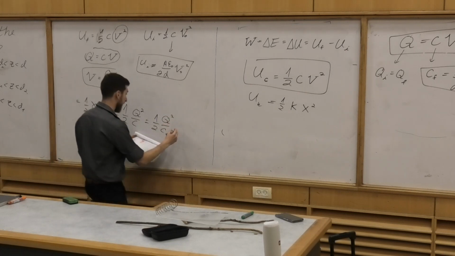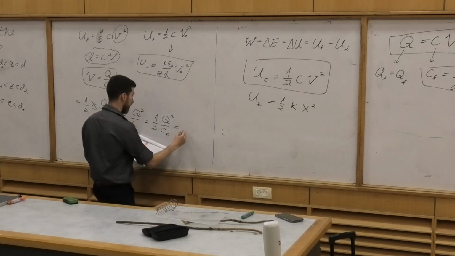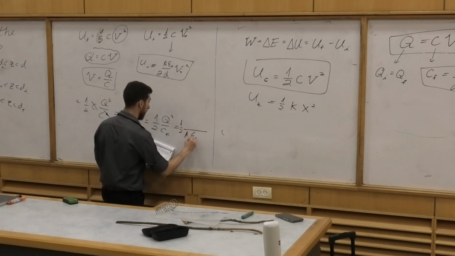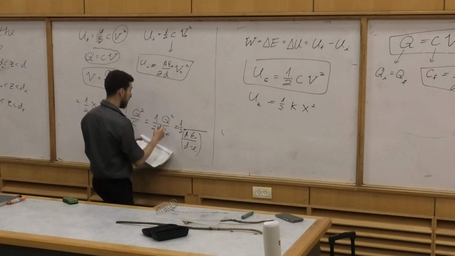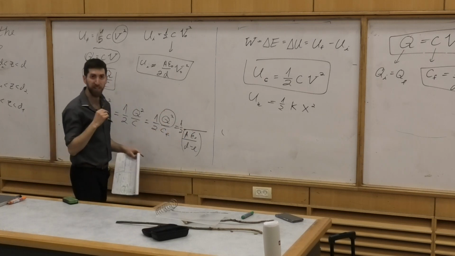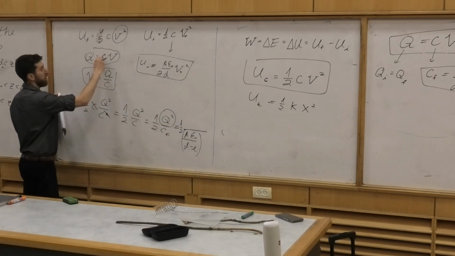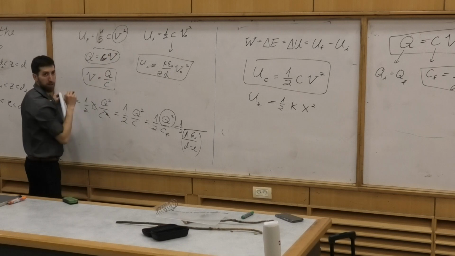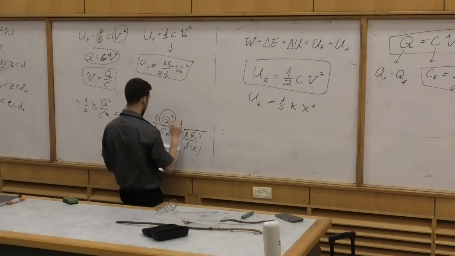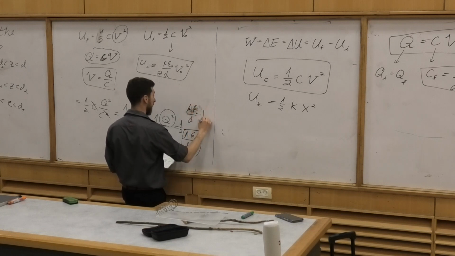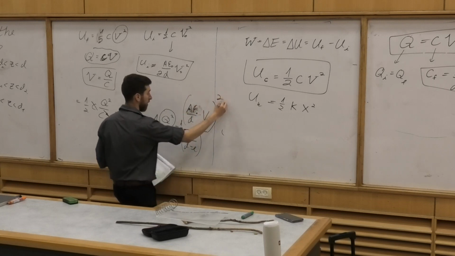And if we plug in everything we know, we get C is A epsilon divided by D minus L, right? And here we know what Q is. It's just the previous C that we had before multiplied by the voltage of the battery. So here we have C, A epsilon node over D, multiplied by V, and don't forget to put it squared.